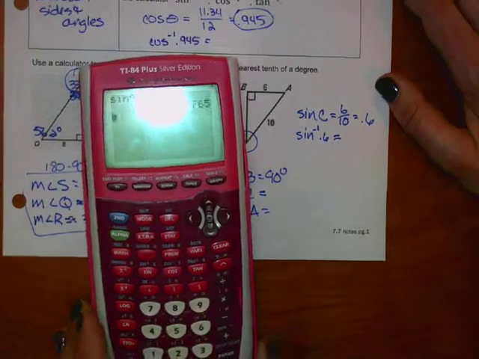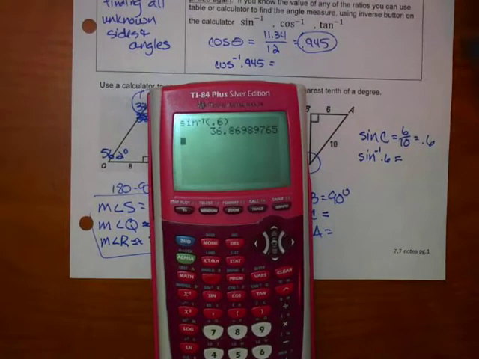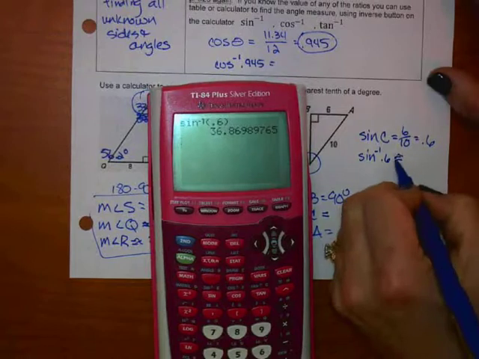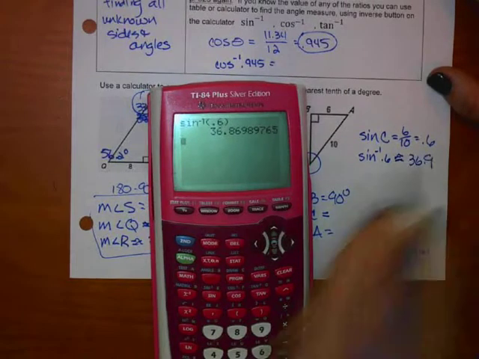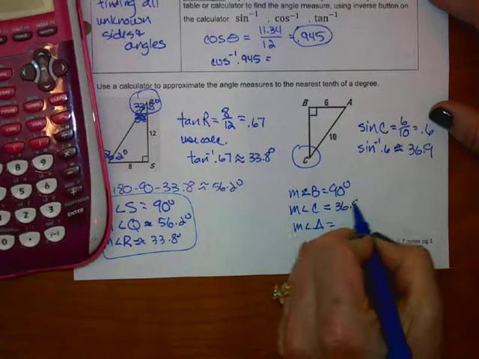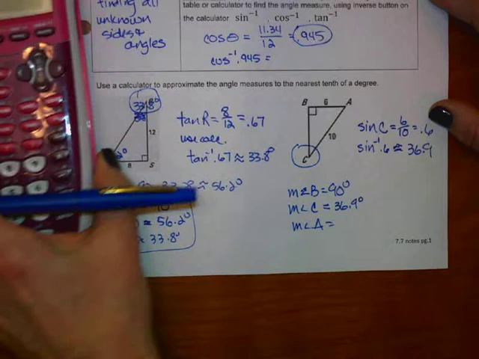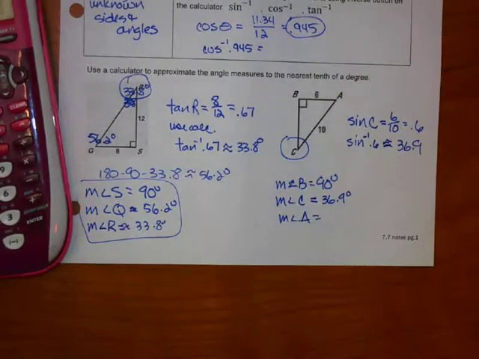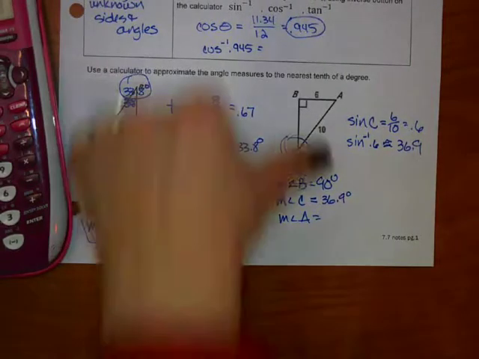36.9 I got. Okay, so I'm going to write that down here. I know I have the measure of angle C, which is 36.9 degrees. And then I can just subtract, actually I can just subtract these two. Why can I do that? Yeah, if I take this 90 degrees, I have 90 degrees left between these two, right?